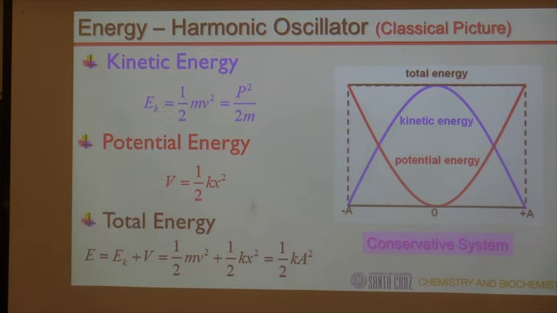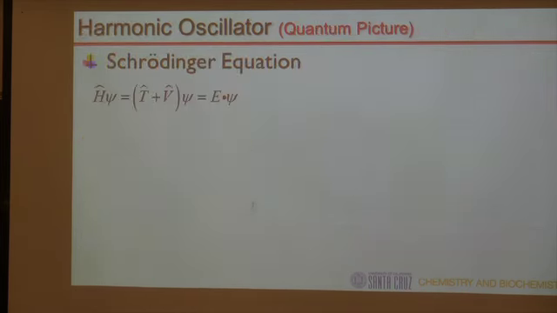But what we're going to learn in chapter 5 is a little bit different from this picture. Okay, so then we talk about quantum mechanics. As we know, when we talk about quantum mechanics, the usual starting point, in order to derive the energy and wave function, is the Schrodinger equation. And for the Schrodinger equation, the Hamiltonian operator, which represents the total energy operator, contains two terms: the kinetic energy operator plus the potential energy operator.